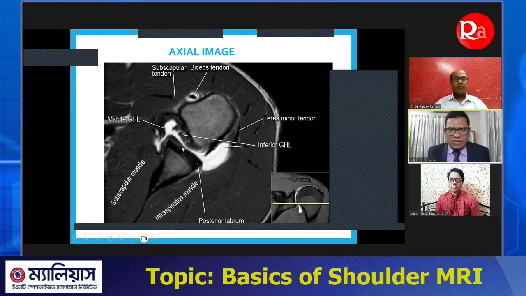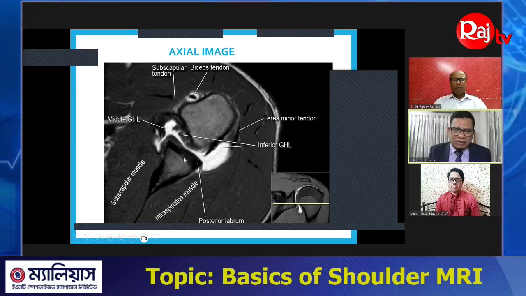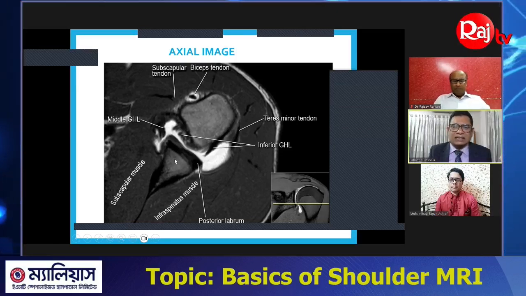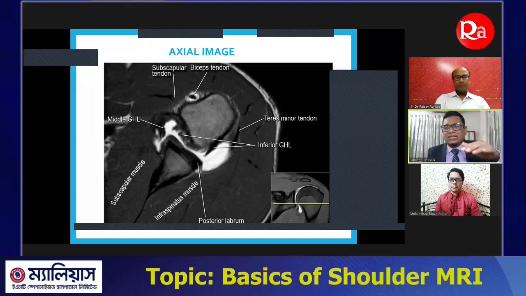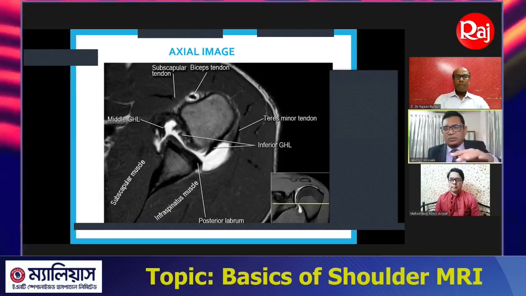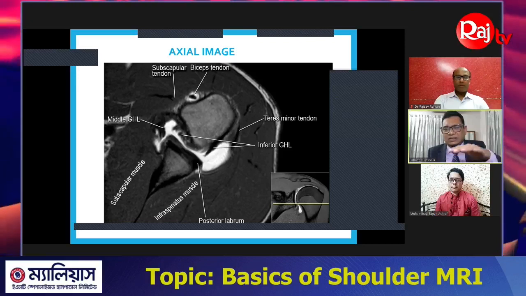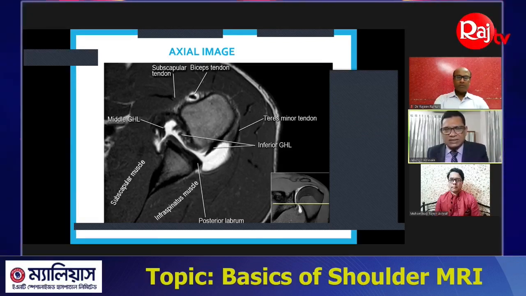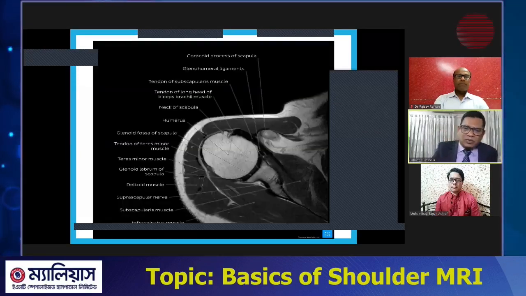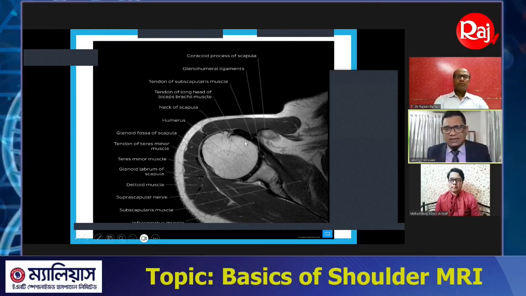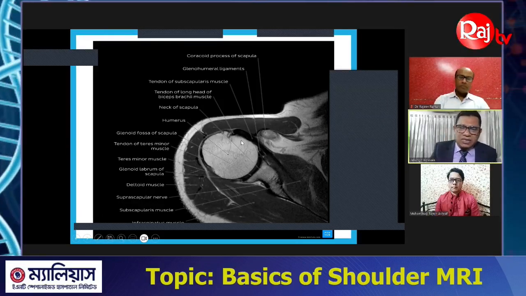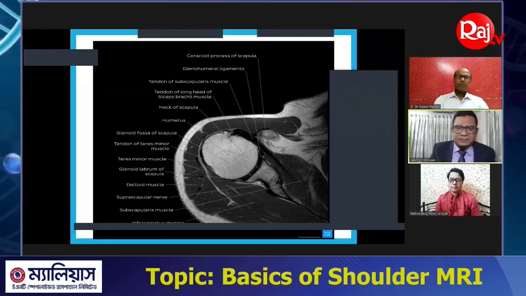This is the posterior labrum, and here is a triangular anterior labrum, glenoid, and this is articular cartilage. So when it is cut from above downwards, there is a variety of normal anatomy as well as pathology we can see. And a bit later, we can see all these structures in this field from the axial cut.